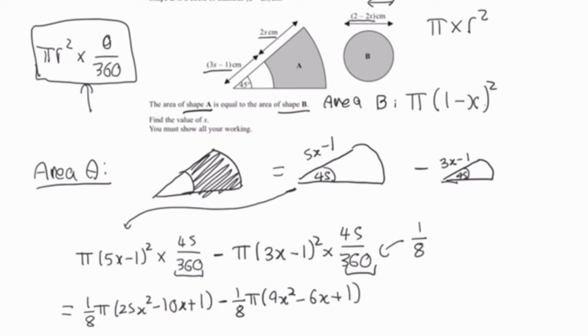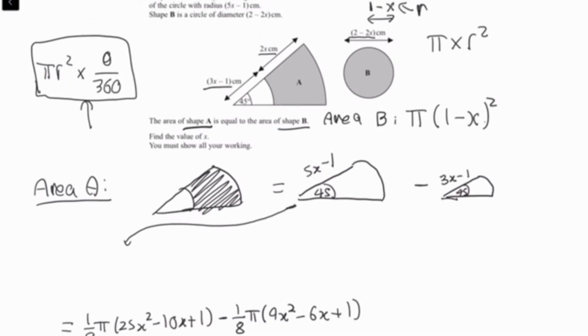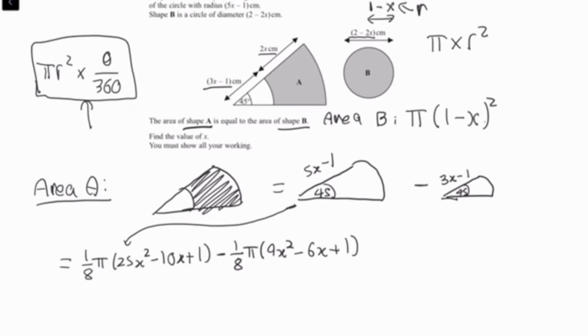Now we could simplify this further, but I'm not going to quite yet. So this is the area of A. Let me get the pen.